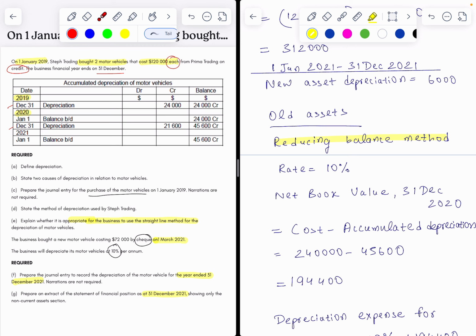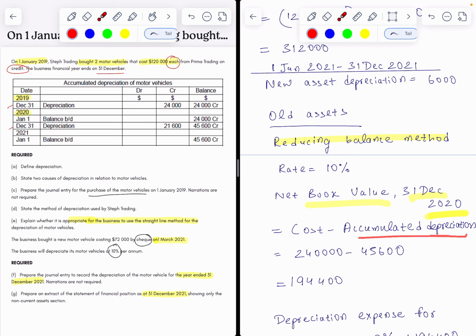So the most recent financial period for the two old assets that we have, based on the ledger account, is that it ended on 31st of December 2021, right? So we want to find the net book value at 31 December 2021, and we do that by taking our original cost for these two assets and subtracting the accumulated or total depreciation we have got so far since 1 Jan 2019, the day the assets were purchased, until the end of 31 December 2020.